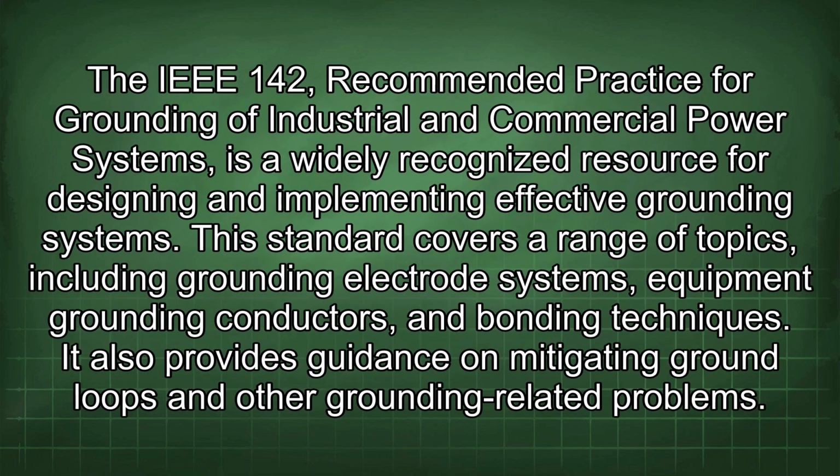The IEEE 142, Recommended Practice for Grounding of Industrial and Commercial Power Systems, is a widely recognized resource for designing and implementing effective grounding systems. This standard covers a range of topics, including grounding electrode systems, equipment grounding conductors, and bonding techniques. It also provides guidance on mitigating ground loops and other grounding-related problems.